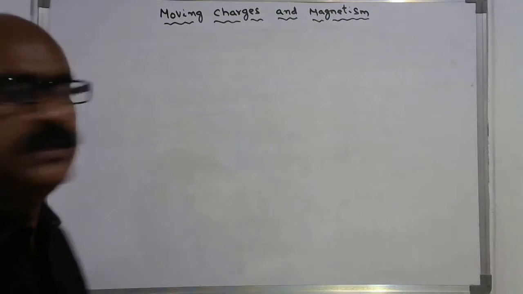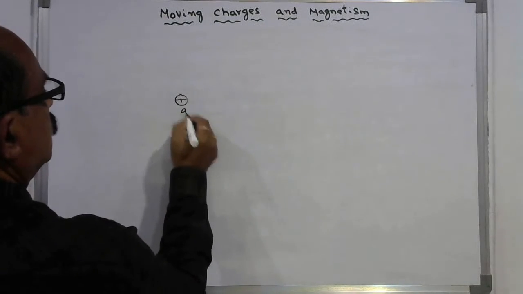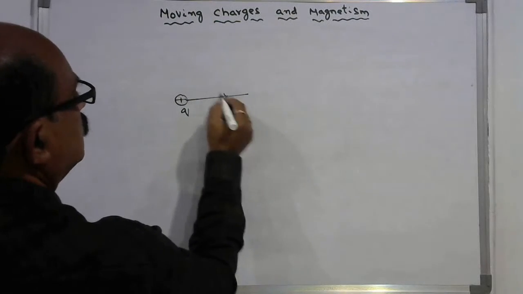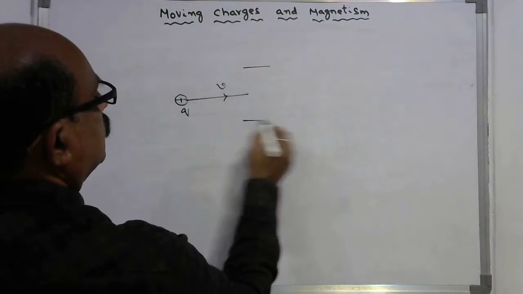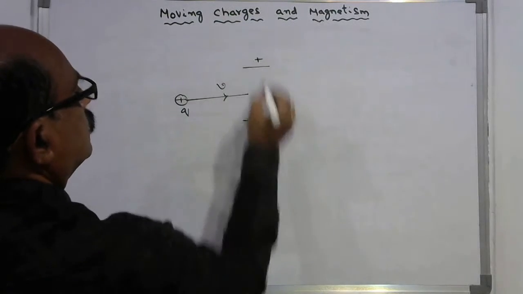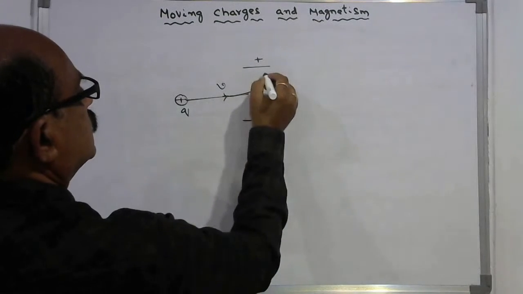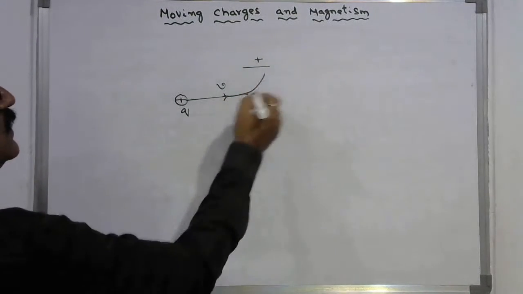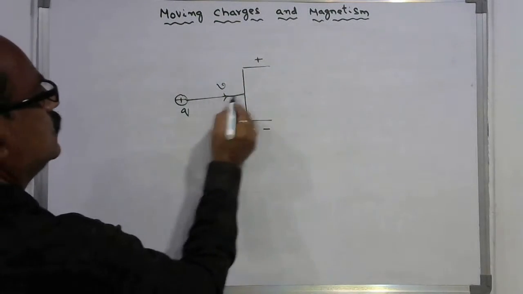Now a charge is moving with certain velocity V in the electric field. Because of this electric field, it bends in this direction, because the positive charge is attracted towards the negative charge.